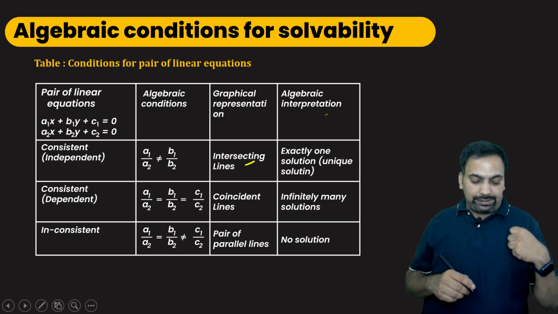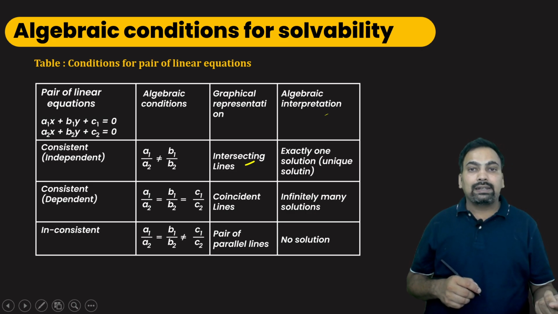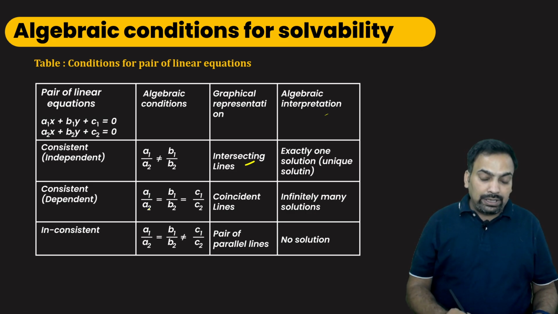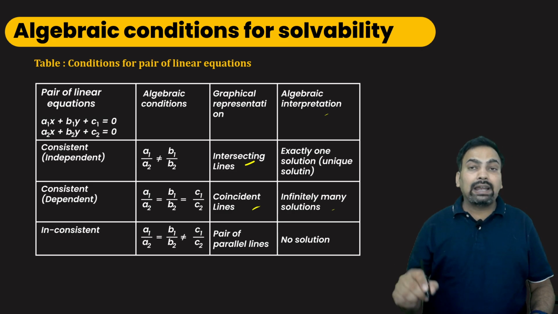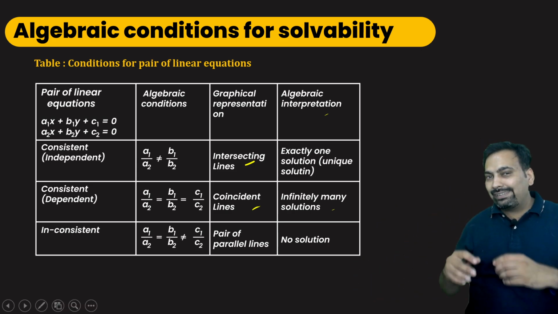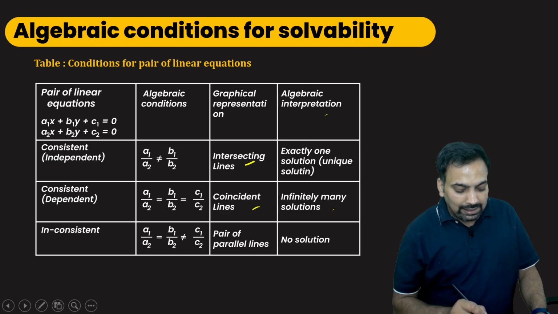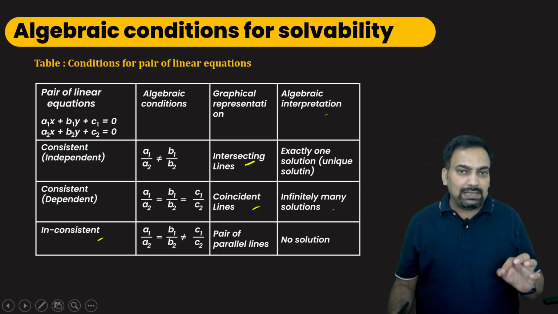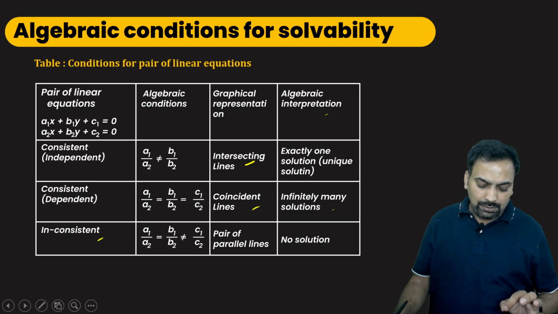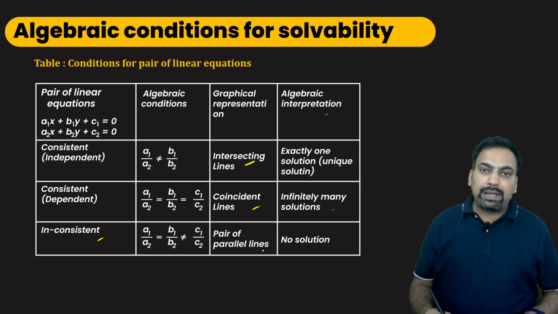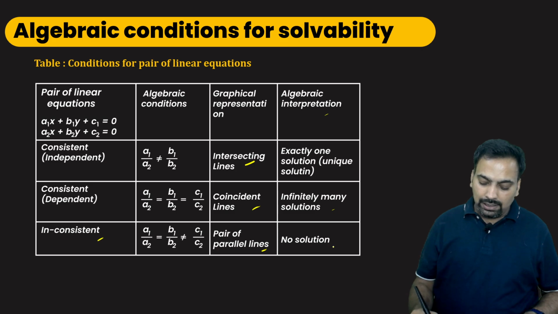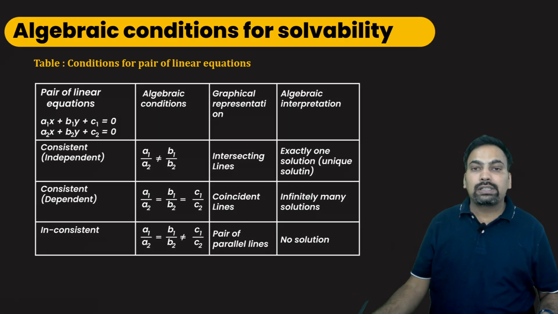Consistent but dependent: a1 upon a2 is equal to b1 upon b2 is equal to c1 upon c2, coincident lines in the graphical representation, and infinitely many distinct solutions. And inconsistent types of system of equations: a1 upon a2 is equal to b1 upon b2 but not equal to c1 upon c2, a pair of parallel lines, and no solution. I hope you understood all these things.